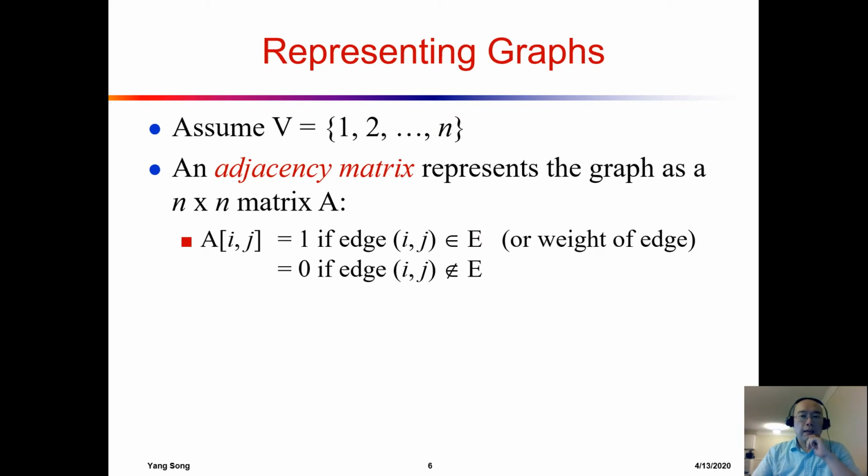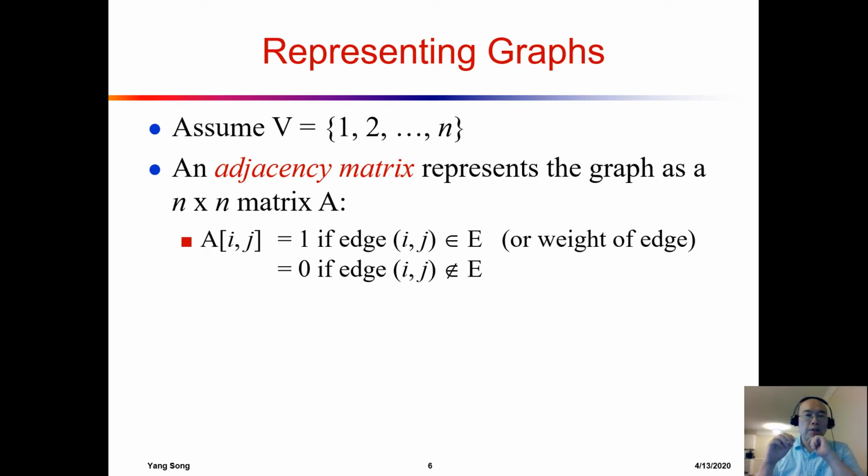Okay, and the next part: how do we represent a graph? Well, the first thing we can do is an adjacency matrix. For example, if we have the vertices 1, 2, 3, all the way to n, so a total of n vertices, we can create an n by n matrix.